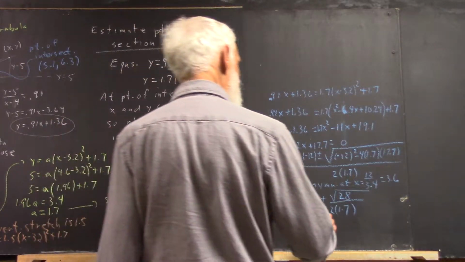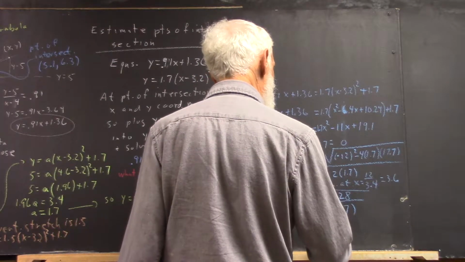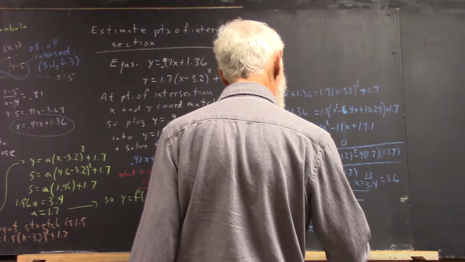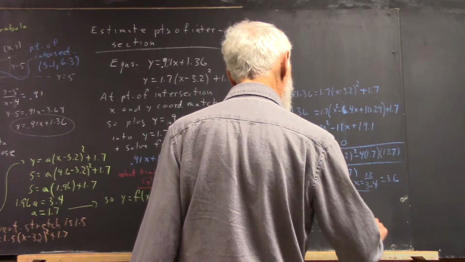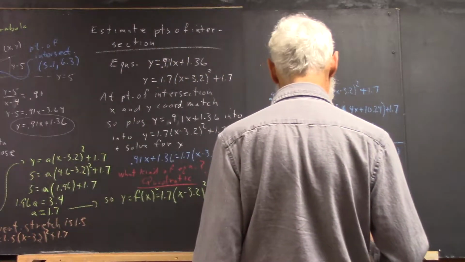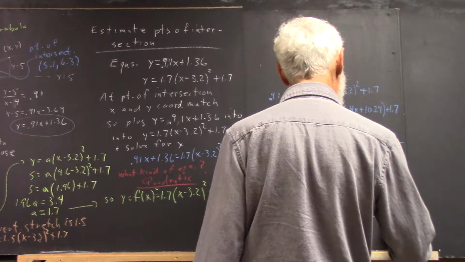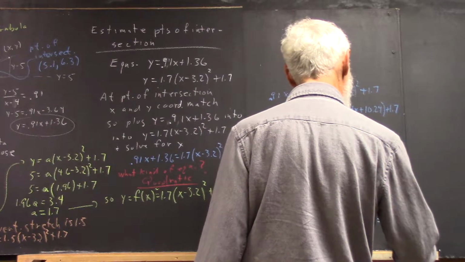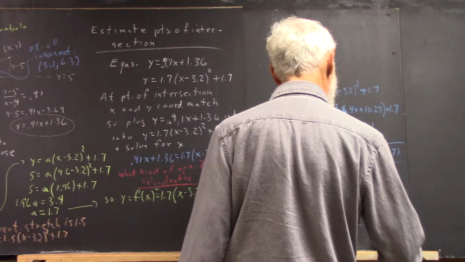So the square root of 28 is about 5.3, and 5.3 over 3.4 is approximately 1.5. It's a little more than 1.5. So that's 5.1 or 3.1.